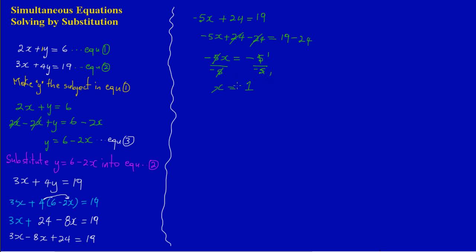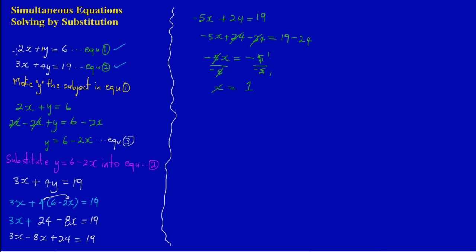Now if you notice, I have found the value of my x. My x is positive 1. Now I need to find the value of y. So I'm going to go back to my original equations, and remember, these two equations were given to us. Now I'm going to choose the simplest equation, just to limit the risk of making any error, to solve for y.